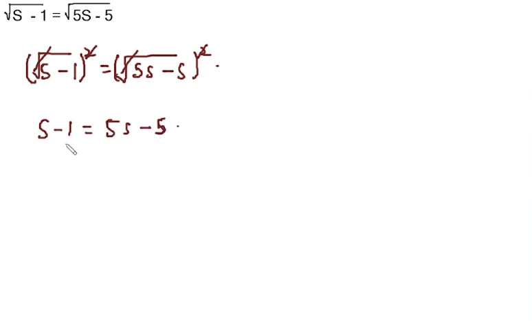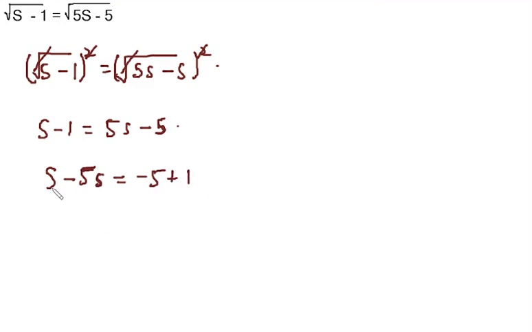So I'm moving all the s to one side and all the numbers to the other side. So if I have s here, plus 5s going over to this side becomes minus 5s. So this is equal to minus 1 going over to this side is minus 5 plus 1.